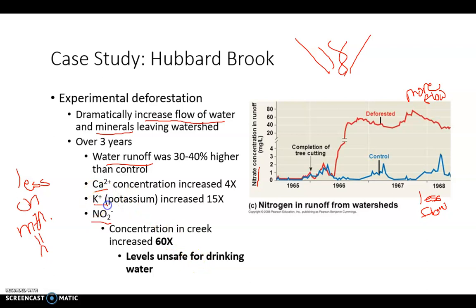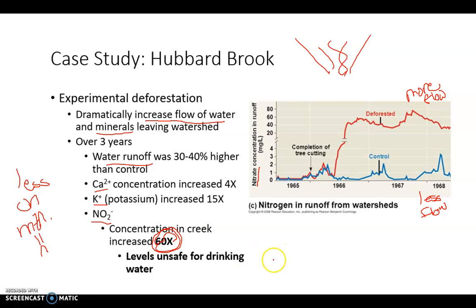All of this stuff is now in that runoff at significantly higher concentrations, because it's been in the rainwater, it's not getting absorbed by any plants, and it's been pulled from the soil. So it's super concentrated, super duper concentrated.